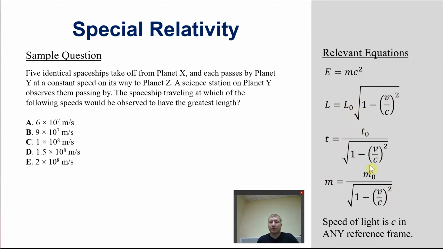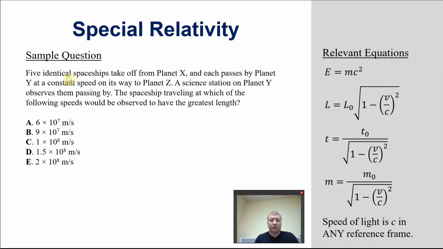L0, T0, and M0 denote these quantities in the non-moving reference frame, and here are the relativistic quantities. And also, please remember that the speed of light is c in any reference frame. This is one of the postulates based on which Einstein came up with his special relativity. So please don't forget this, because many questions are actually trying to trick you, hoping that you will not remember this thing.